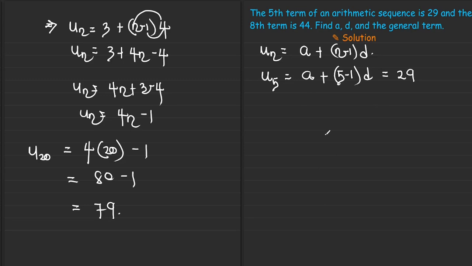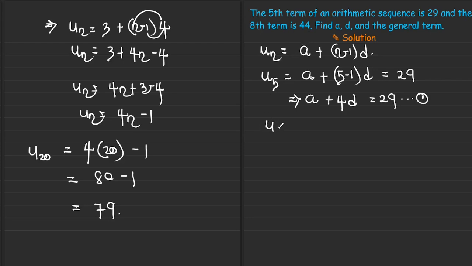Now, let's focus on what we have here and then we simplify. So we have our U5, which is equal to A, then 5 minus 1 gives us 4. So we have 4D, which will then give us 29. Let's name this as our equation 1. Then we come to the second part of our statement, which says U8 is 44.